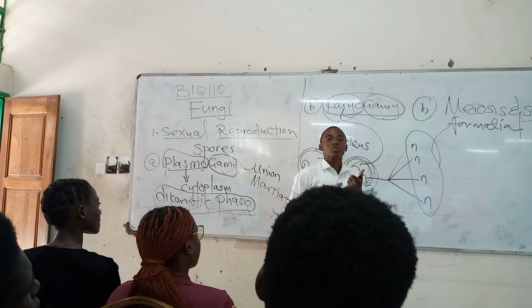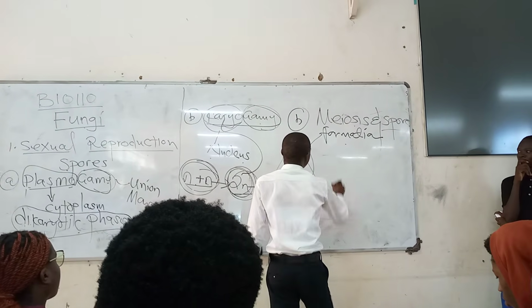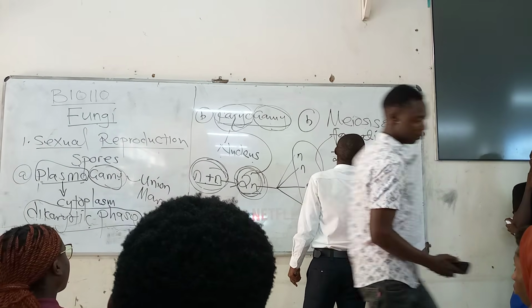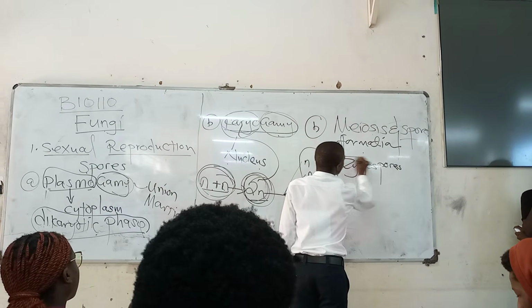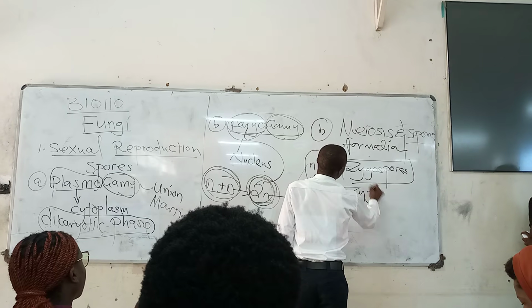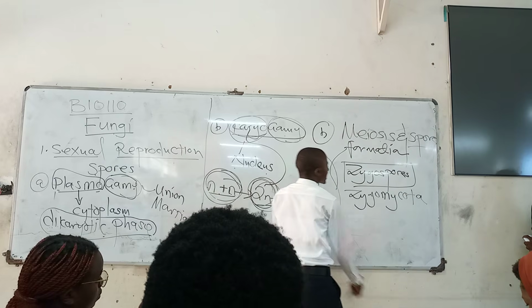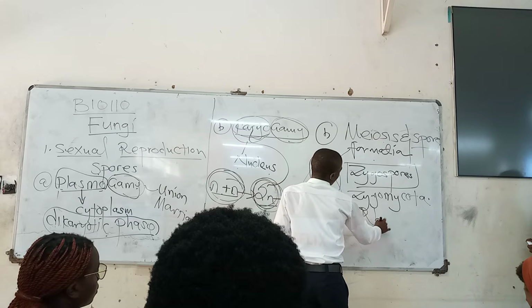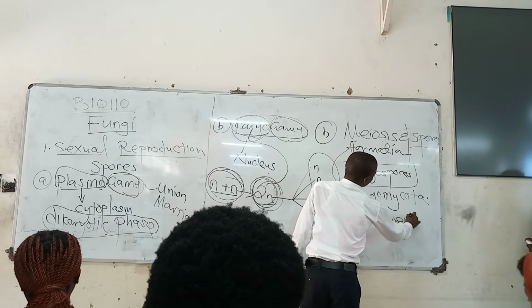Now you should bear in mind that there are different types of spores that are formed. The first one is zygospores. These zygospores are formed from zygomycota, and a good example I can give is Rhizopus.